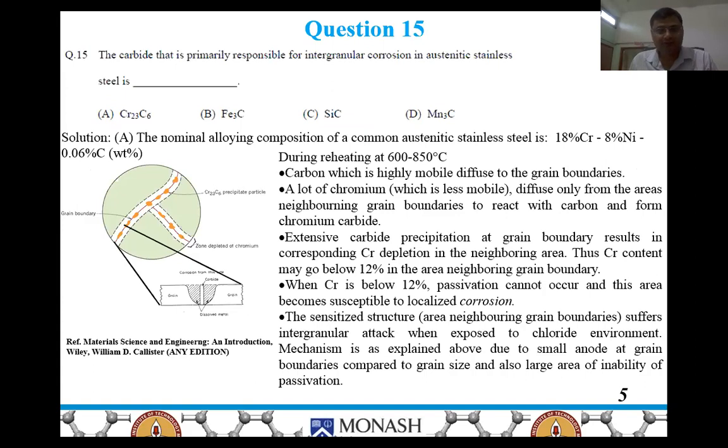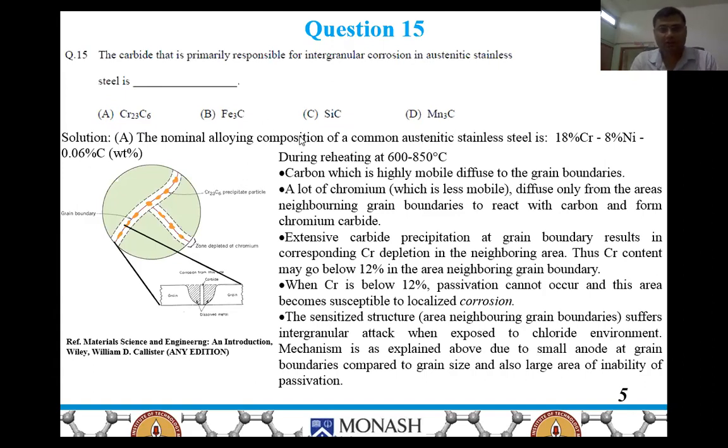Question number 15: the carbide that is primarily responsible for intergranular corrosion in austenitic stainless steel is. We have to choose between Cr23C6, Fe3C, SiC, and Mn3C.